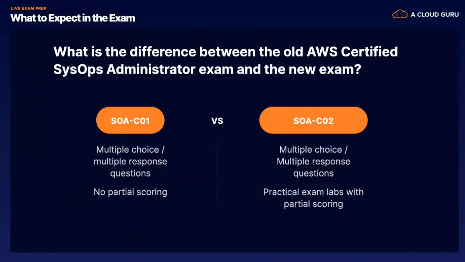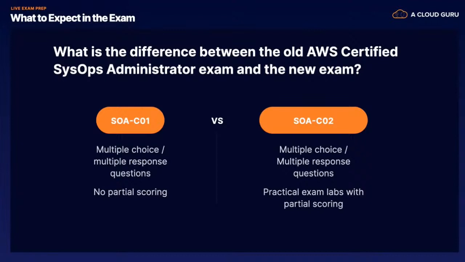Whereas the new exam is called SOA-C02, and it also consists of multiple choice and multiple response questions, but with the addition of practical exam labs. That's the really cool thing about this exam: you get fewer questions, and they've introduced the practical exam labs.